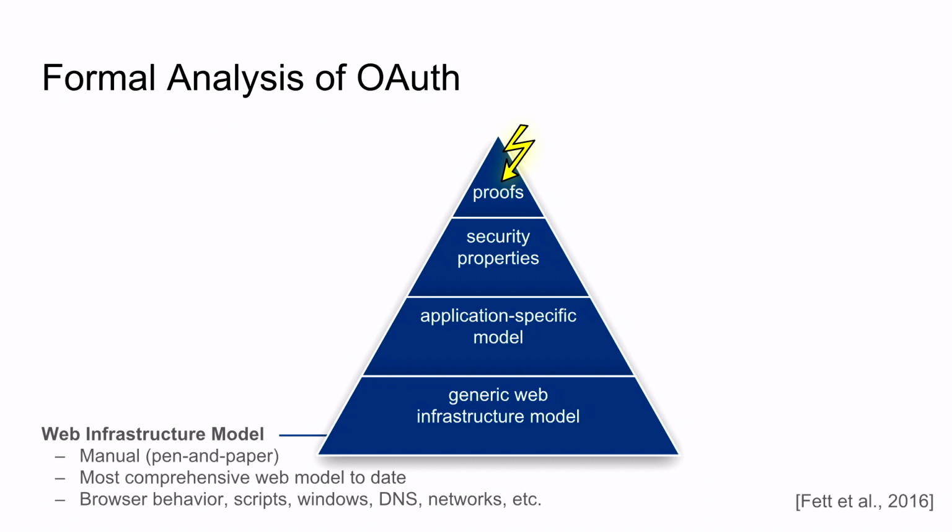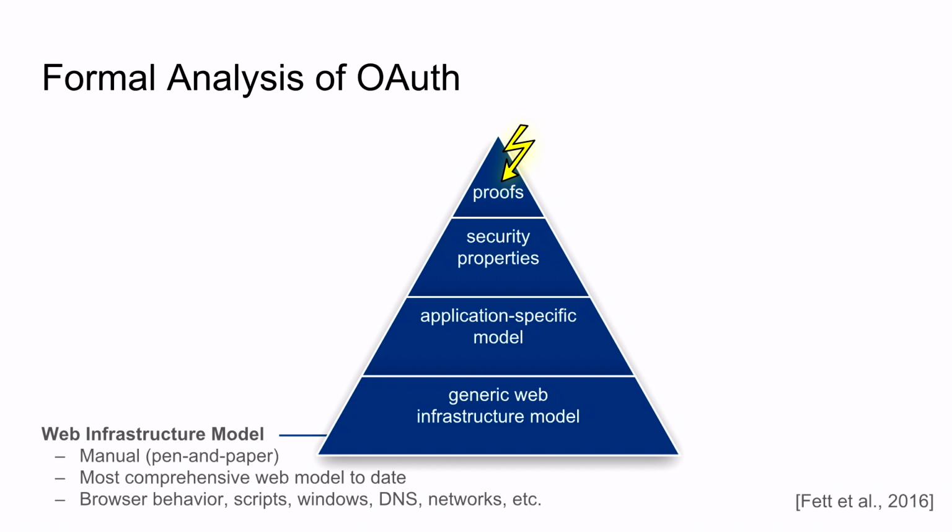And this model contains browser behavior, scripts, windows, documents, how different documents can interact with each other in a browser, and so on. There's also an abstract model for DNS, for networks, and so on. So it's a very comprehensive model. We have a lot of features in there.